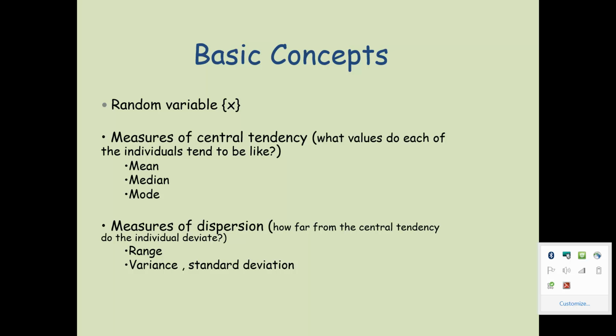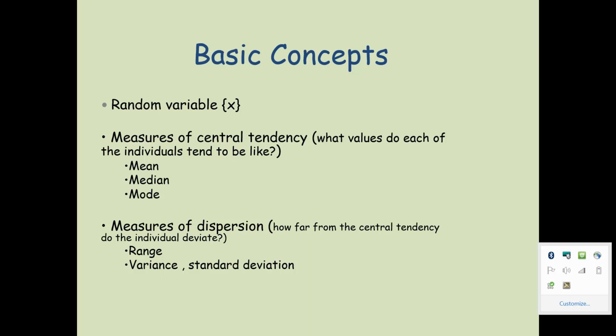Some measures of central tendency of the values associated with either the sample or the population are the mean, the median, and the mode. The mean is usually thought of as being the average value for the sample.